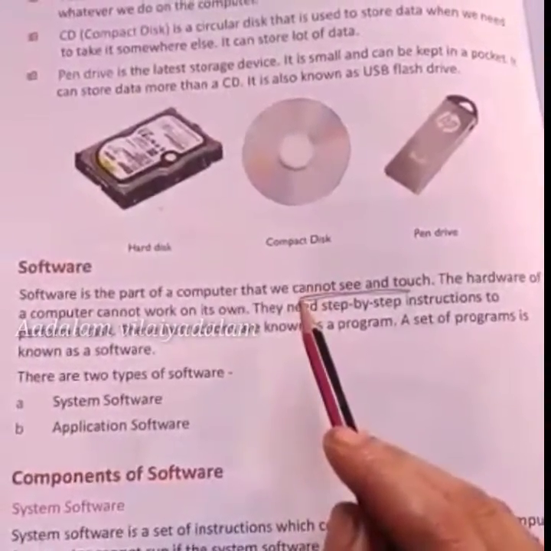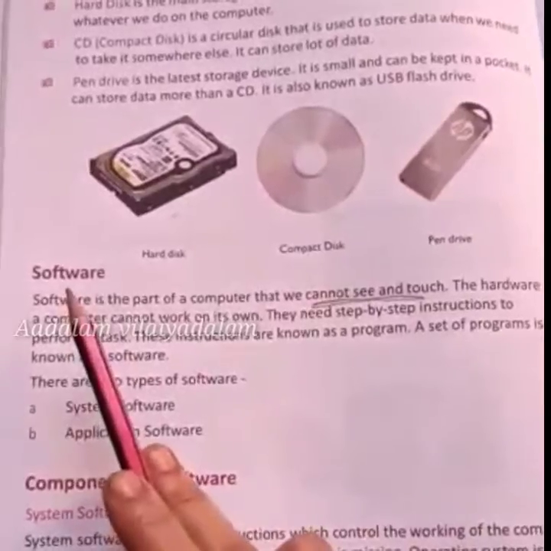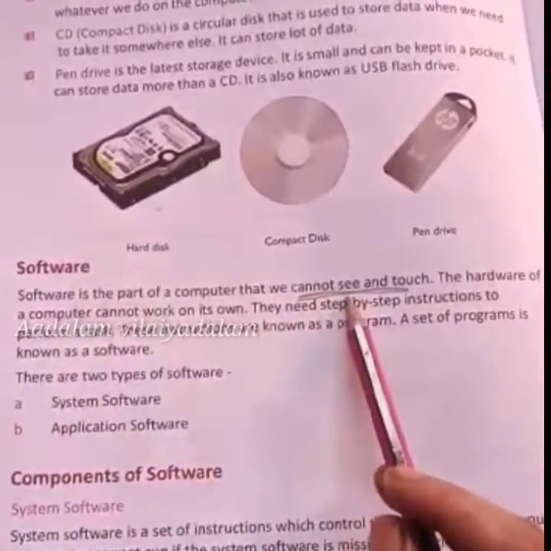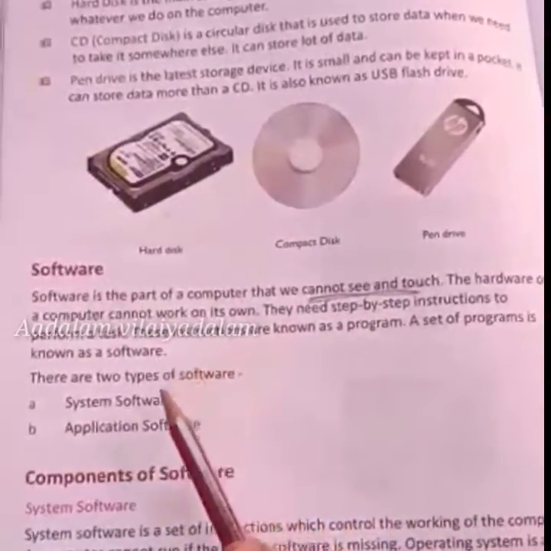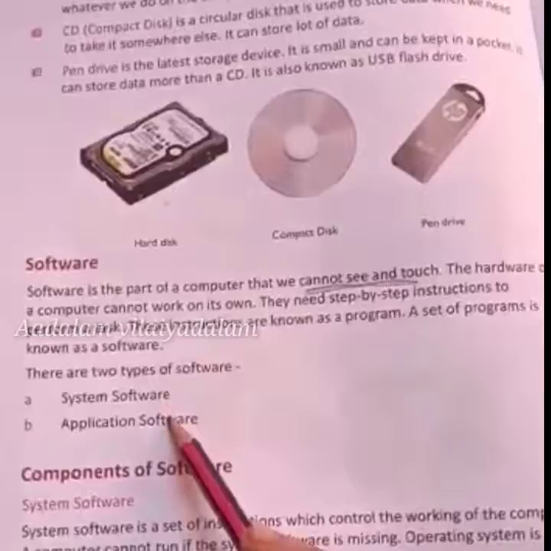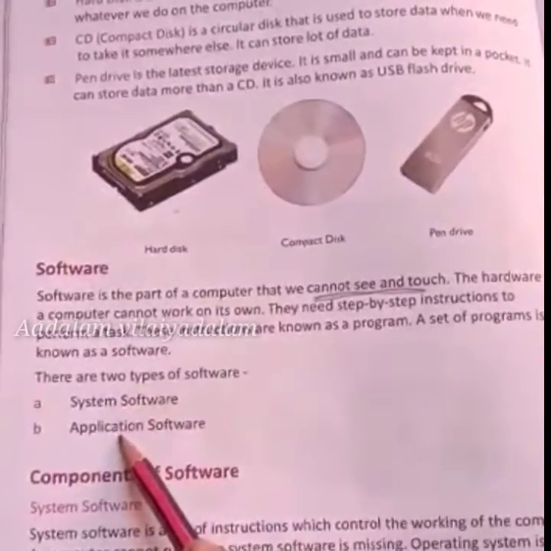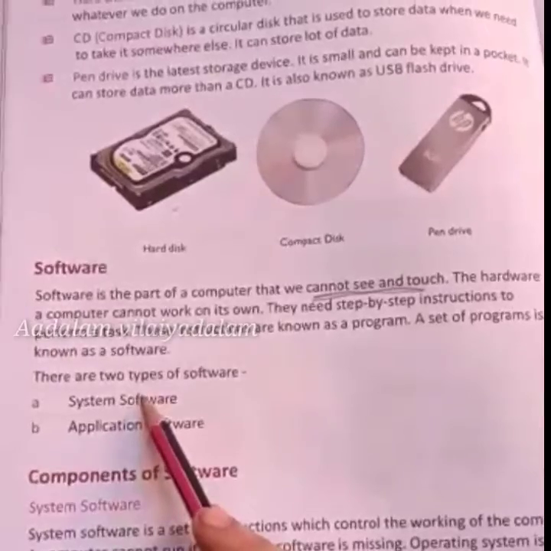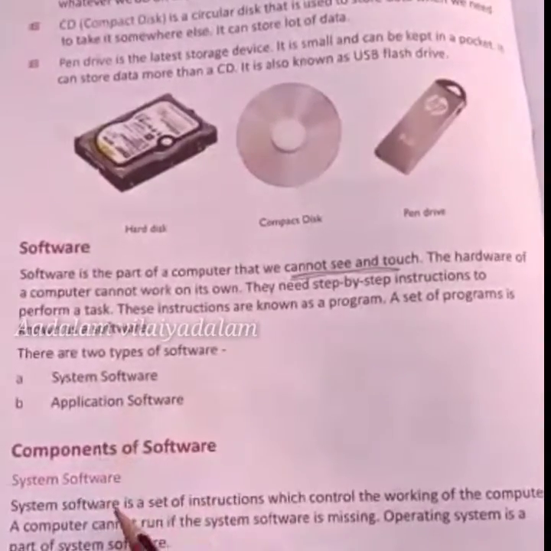Children, hardware is a part of the computer which we can touch, but software we cannot touch and see. This is a program written on the computer. Software is divided into two types, system software and application software.